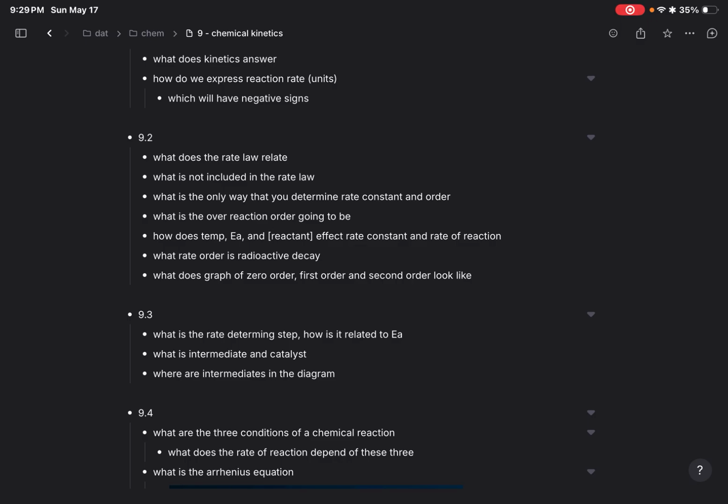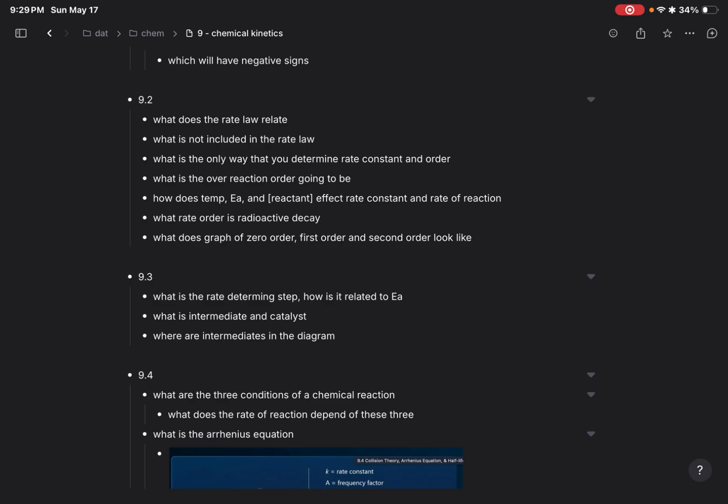Concentration affects rate directly, so directly proportional, and then temperature and activation energy will affect the rate constant, and that rate constant will then affect the rate proportionally. Concentration will not affect rate constant, but it'll affect the rate directly.